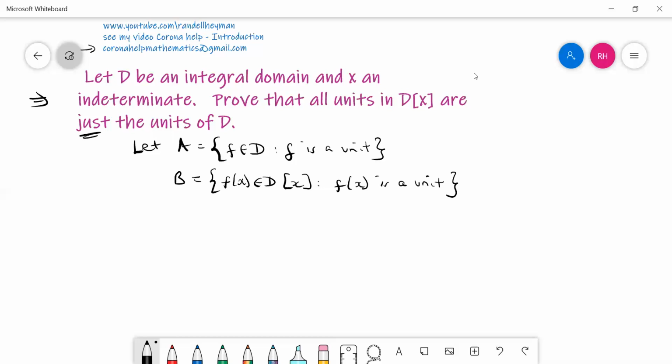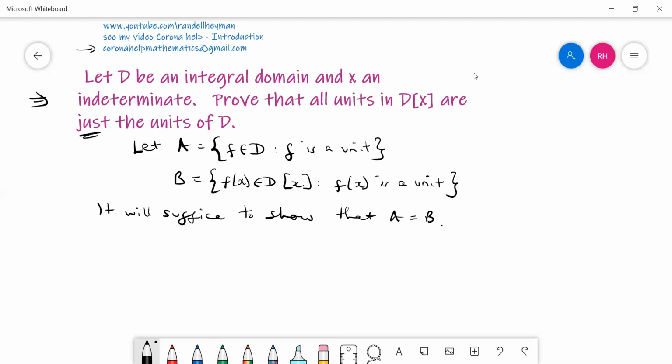So here I can reflect that by just saying it will suffice to show that A equals B. This is actually quite a good little trick in mathematics. Often if you're trying to prove something, it can get a bit convoluted and you're relying on a lot of English, and often if you can express it as sets and just show that the two sets are equal, that's a good way to progress.